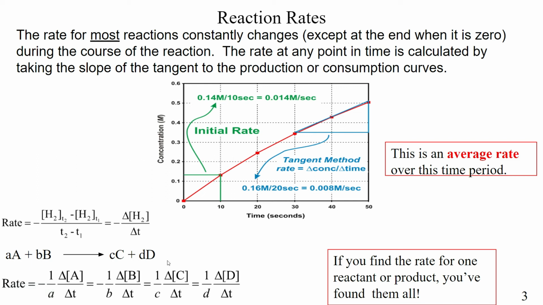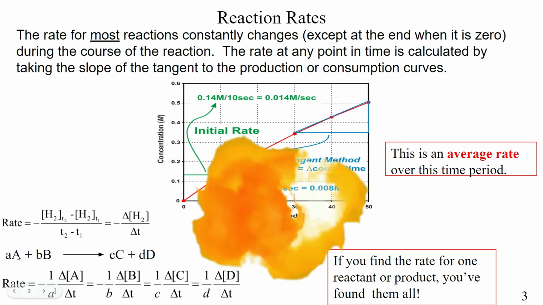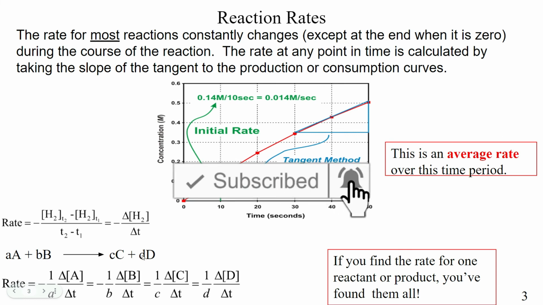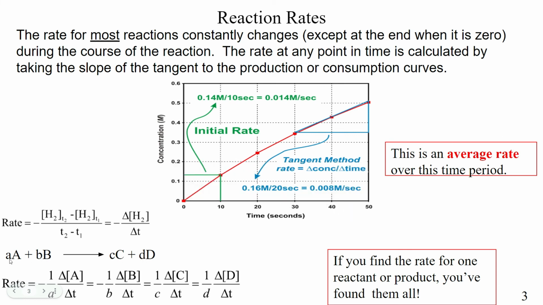You can actually find the rate for one of your reactants or products, and that rate will be the same for all of them. The reason being, of course, is math. Math is not going away. So A plus B gives me C and D. Now this little a in the front is going to be our moles, so just think of those as moles.